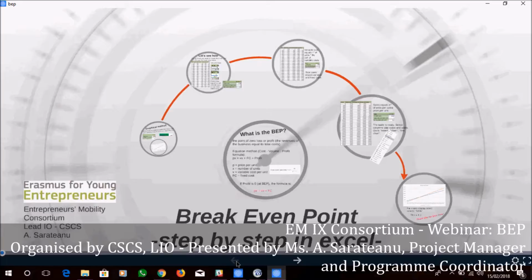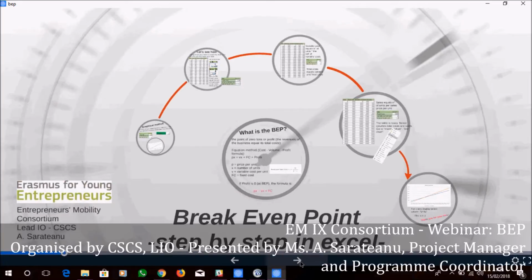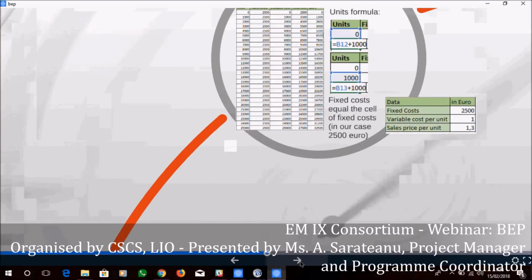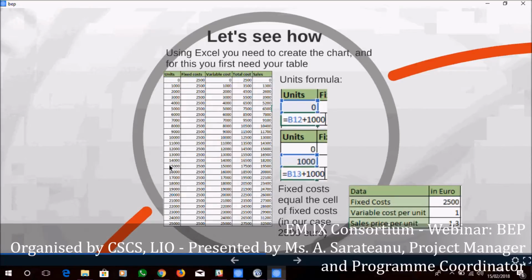Well, you could either calculate it in the amount of units you need to produce. If we go back to the table, we will see that already in creating the table, not even the chart, this gives you quite a clear understanding of how many units you produce and how much you would earn.